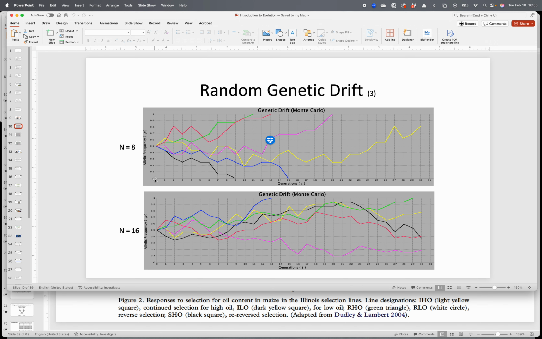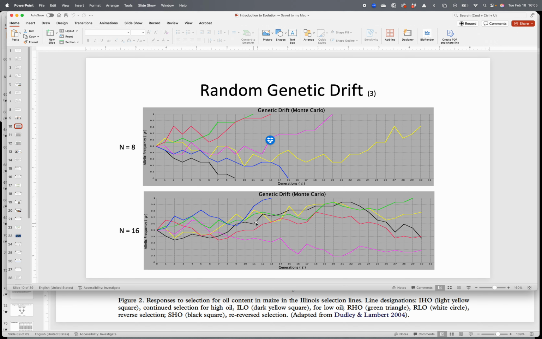The zero mark down here on this graph and the 1 mark over here is basically the frequency of the dominant allele. Populations are drifting either towards eventually being fixed at 1, where there's nothing but homozygous dominance, or drifting around until they're fixed at 0, which is a population of nothing but homozygous recessives.